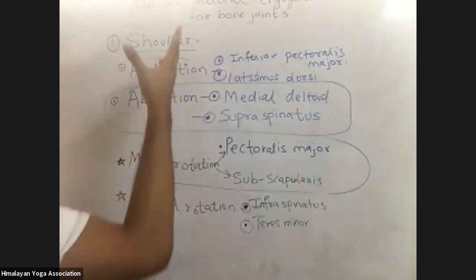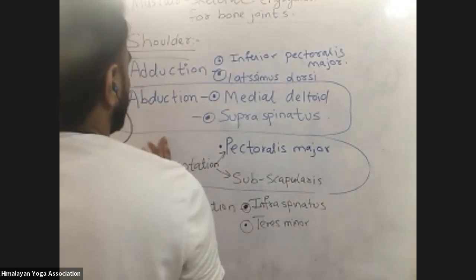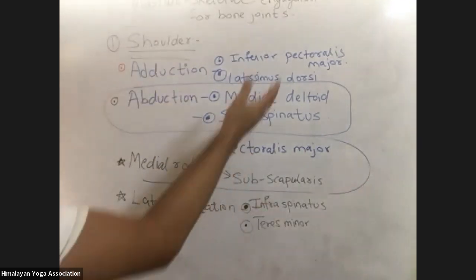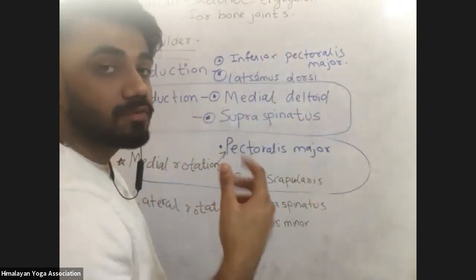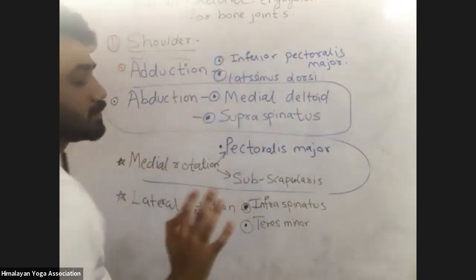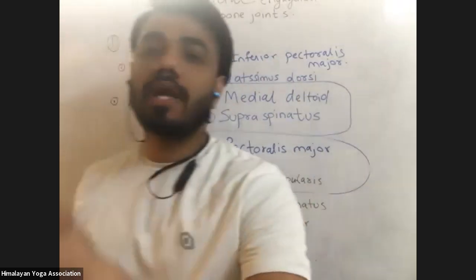These movements are a must to know in your life. These are the major muscles. Apart from this, there are many more muscles which get engaged. I am just giving you the important ones that will help to move the structure or the part.